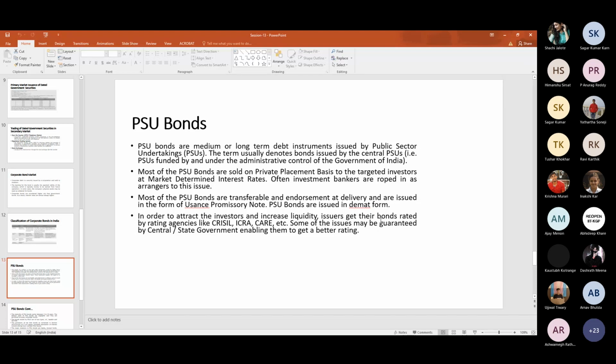Some of the issues may be guaranteed by the central or the state government, enabling them to get a better rating. So some kind of backing of the government will be there, and with a better rating, investors will be attracted to invest in that kind of securities.